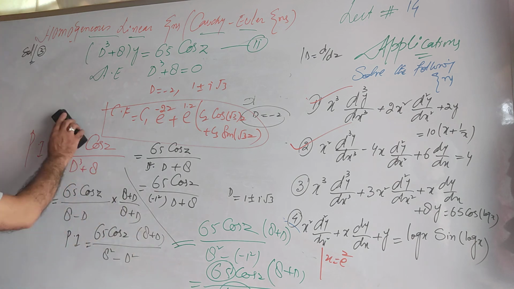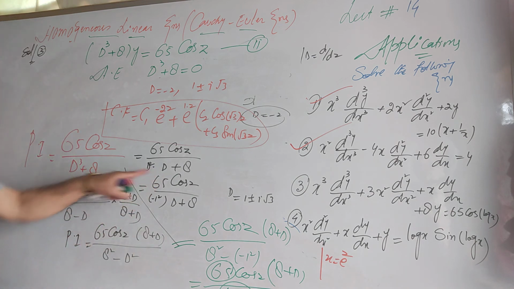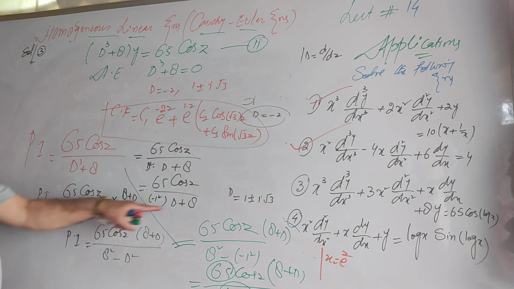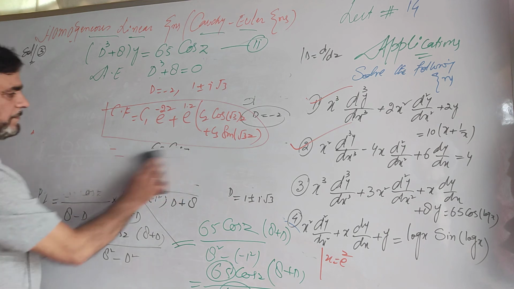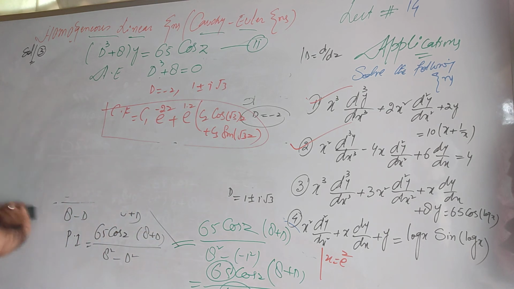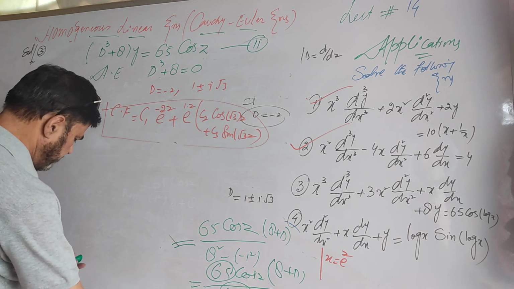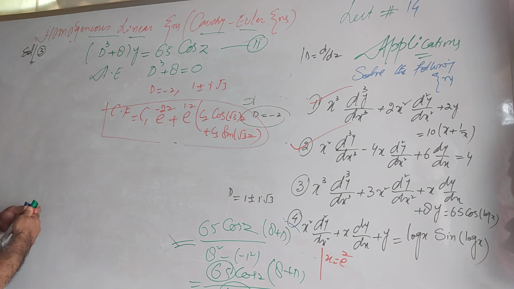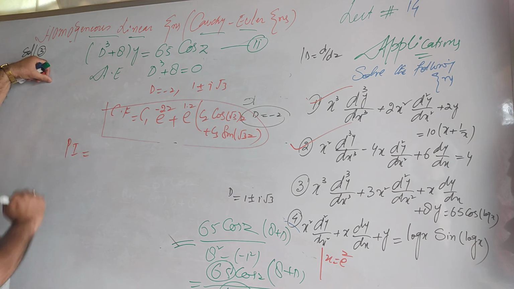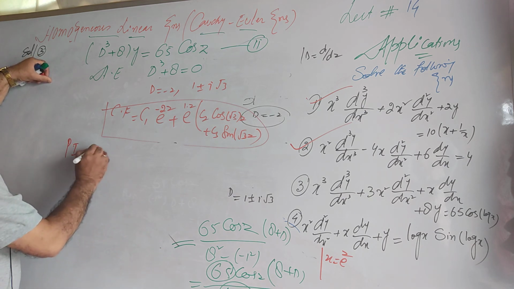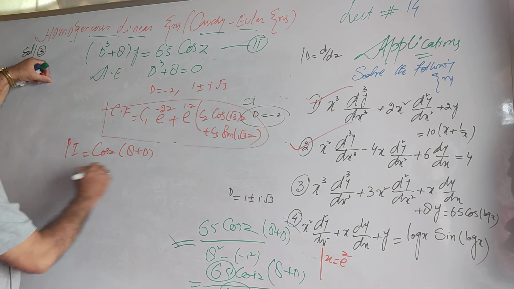That is 65, this cancels. Therefore, you have now... Shall I rub it? If you need it, take the screenshot. I will rub it. So, the particular integral is now cos z into 8 plus D. What is this?